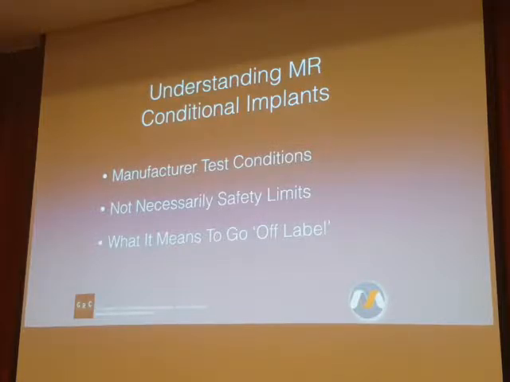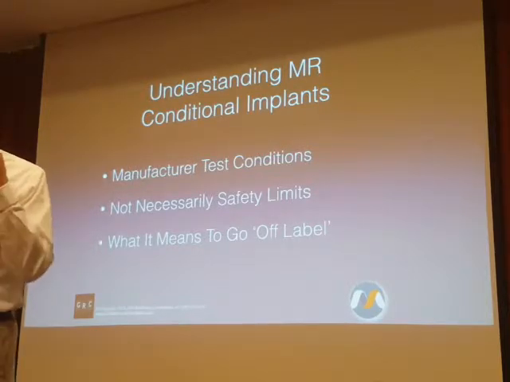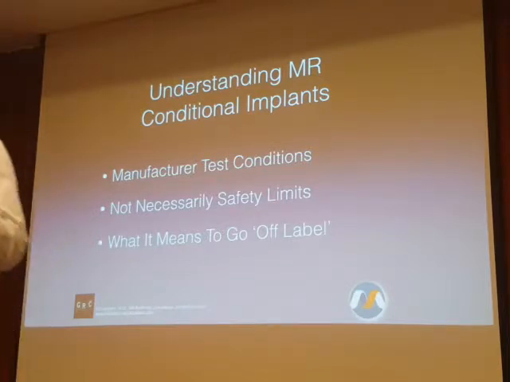What isn't well defined is the variables associated with the test. So if I'm an implant or device manufacturer and I want an MR conditional label for my coronary stent, I can decide that it is cheaper or easier or less of a headache to only test it at 1.5 and not test it at 3.